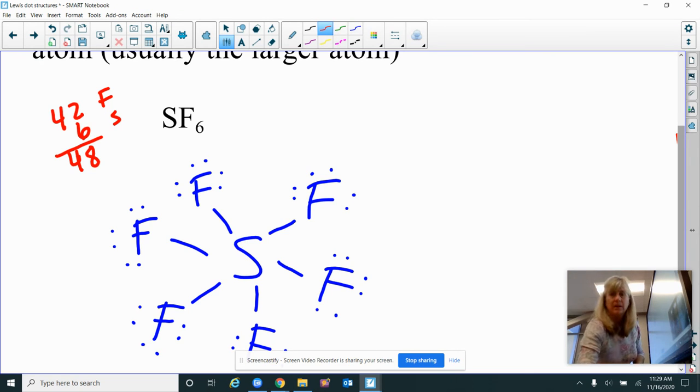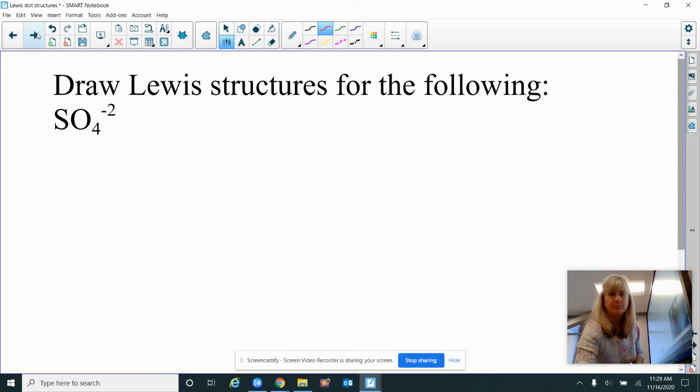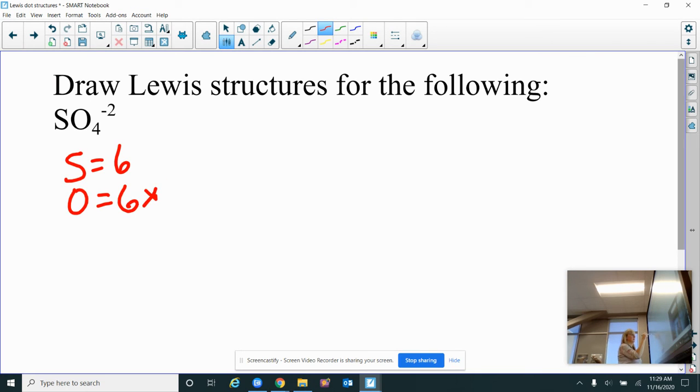Okay. And then I'm asking you to draw the Lewis structure for SO4 minus 2. So once again, you add up the valence electrons. So if you wanted to, you could pause this and try it yourself and then check. So sulfur has 6, oxygen has 6, and there's 4 oxygens.